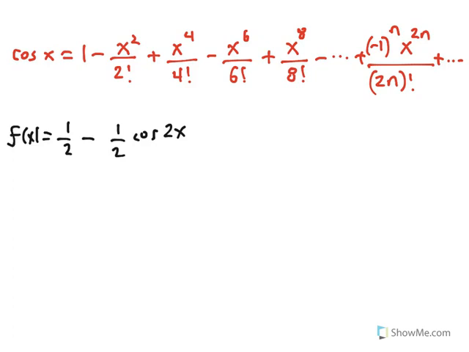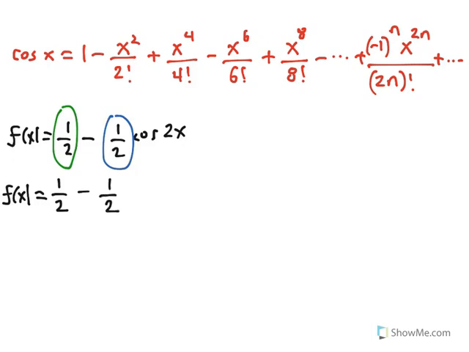And again, what are we going to do? We're just going to write f of x, and I'm going to write this 1/2 here, which is just a constant. So I'll write 1/2 minus, and then I have this 1/2, which is multiplying cosine of 2x. So this 1/2 is going to multiply the power series for cosine of 2x, which I will write in brackets here.